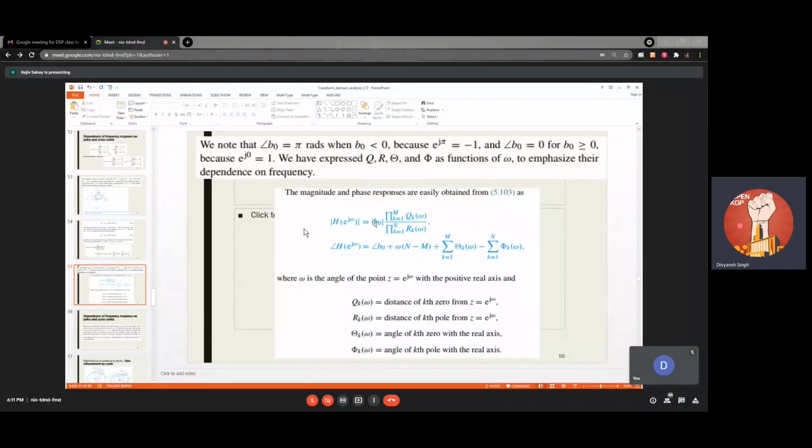So we have the modulus or the magnitude response given like this, and the angle is given like this. The phase response is given like this. I think all this is clear.